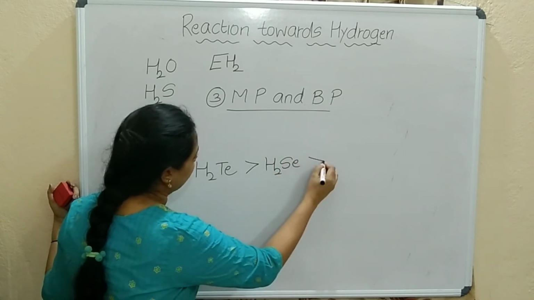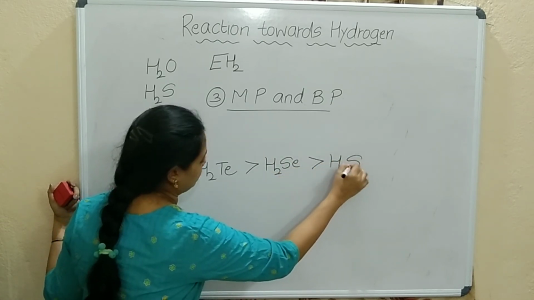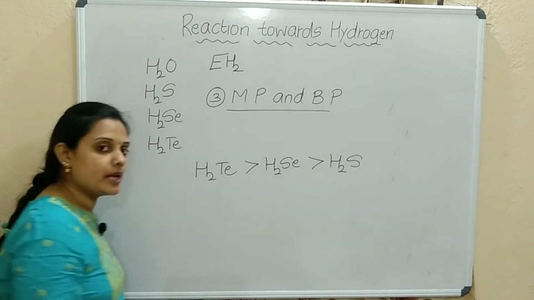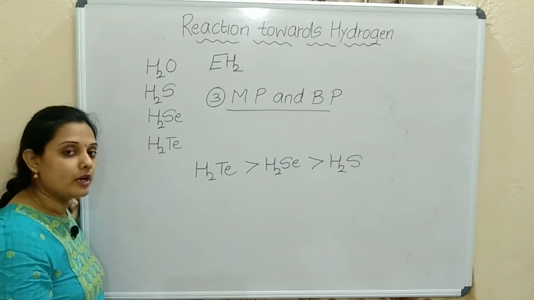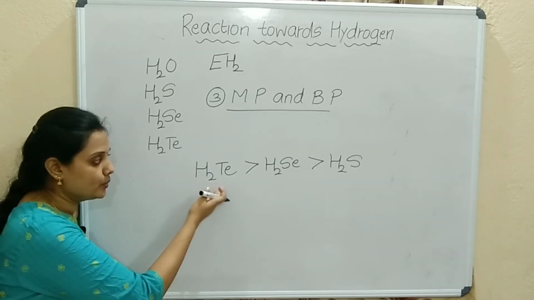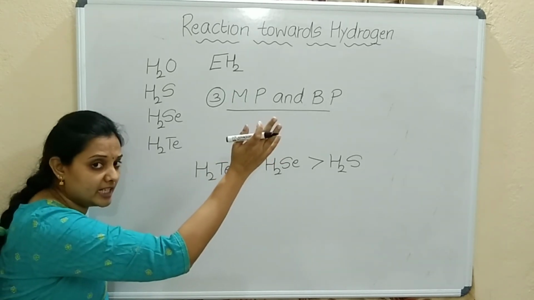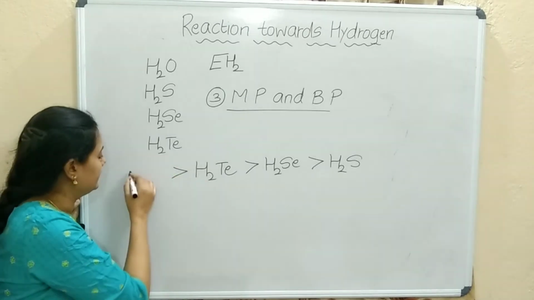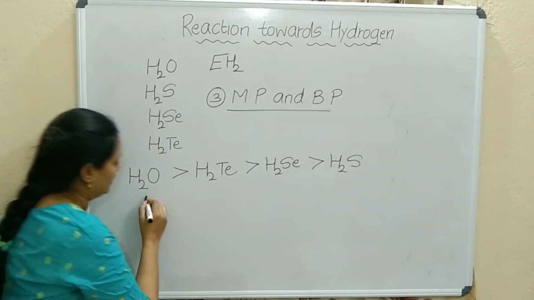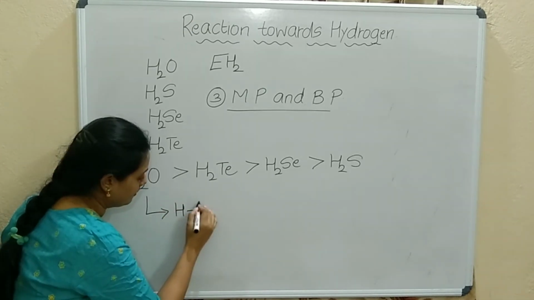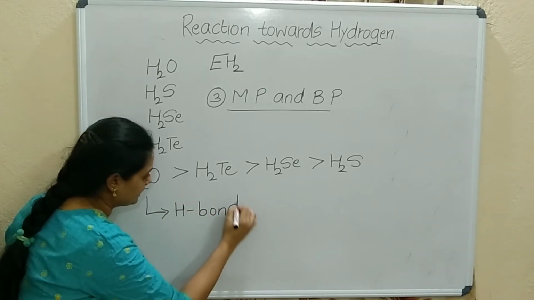H2Se, than H2S. Now where should I write water here? Will water's melting point and boiling point be more than H2Te or will it be the least? No, I'll write it here, water. Why is it so? Because hydrogen bond is present in case of H2O.